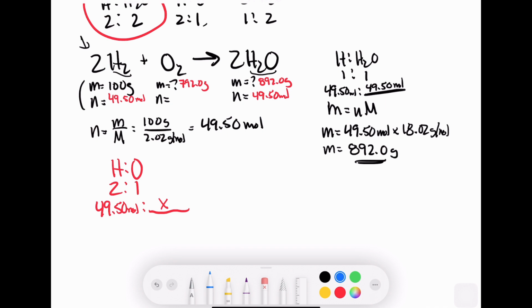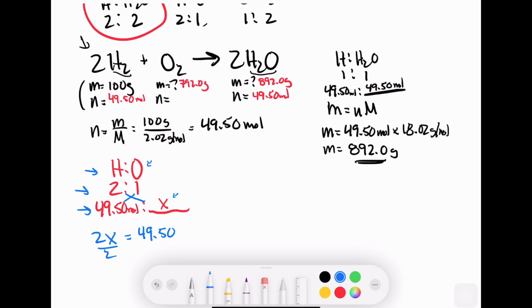I write this out the way I have, where I write my elements, then I write the ratio from the balanced equation, and then I write whatever one that I know here. In this case, it's the hydrogen. I usually write it first, the one I know, but you don't have to, as long as you have the right number with the right element and the right unknown with the unknown element. And so what you do then is just cross multiply this. 2 times x is 2x. 1 times 49.5 is 49.5.